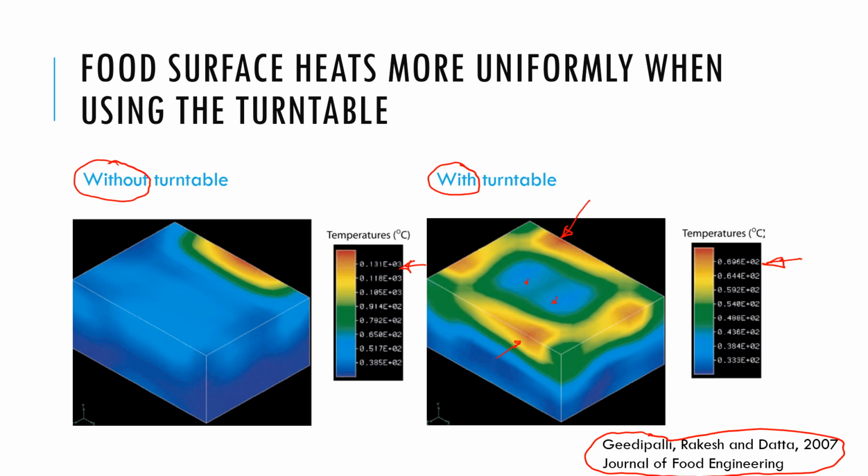So the regions in the middle are not able to see many highs and lows because they're not moving as much. If there were movement in the vertical direction, they would have seen perhaps more highs and lows. Again, a turntable then makes the food heat more uniformly.